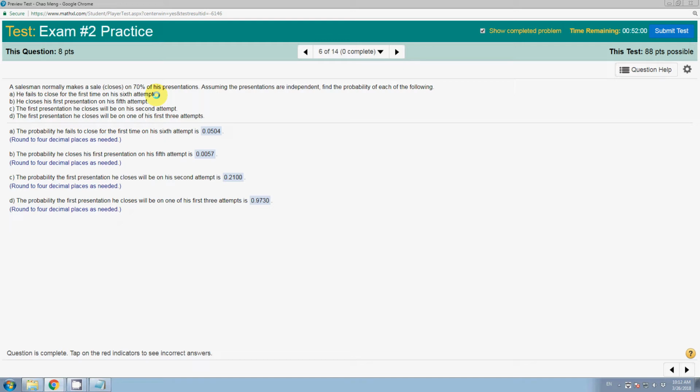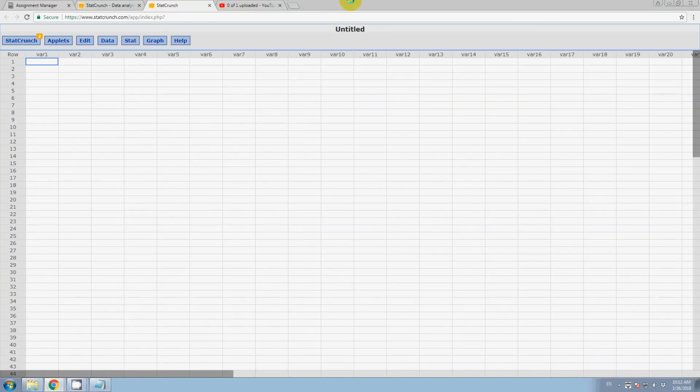And in chapter 6, we learned a distribution called geometric distribution. That deals with the probability that we have the first success on the nth or kth attempt. So that's going to be a geometric distribution. Let's use the geometric calculator to do this calculation.